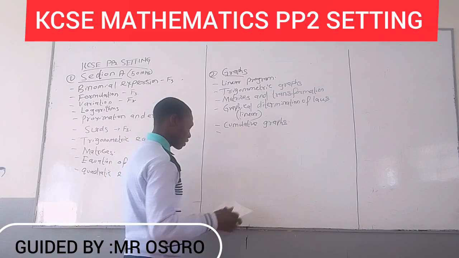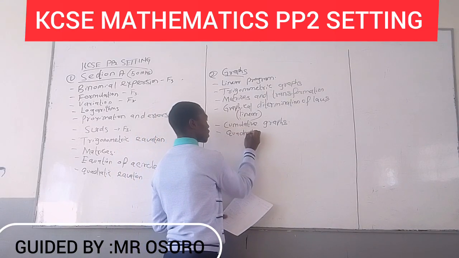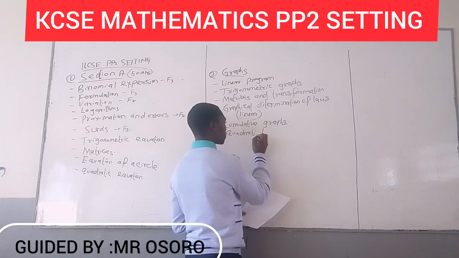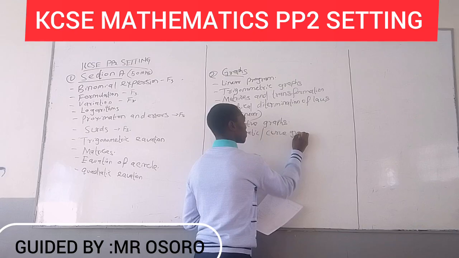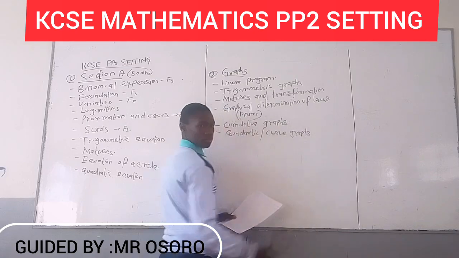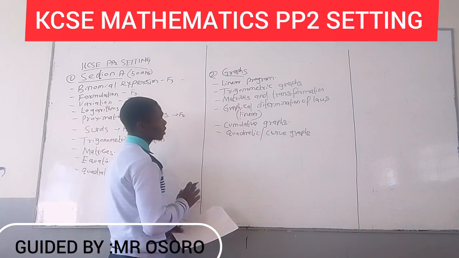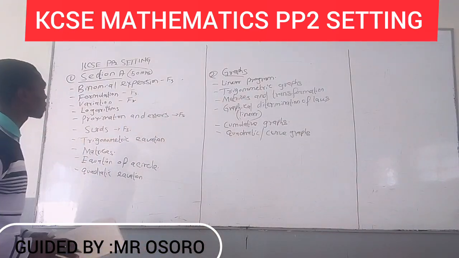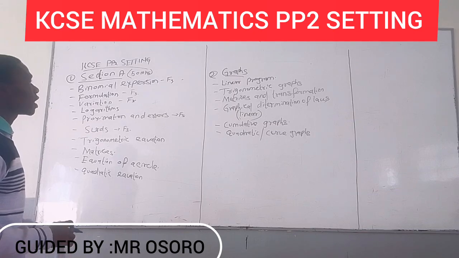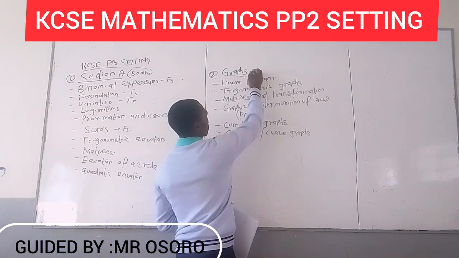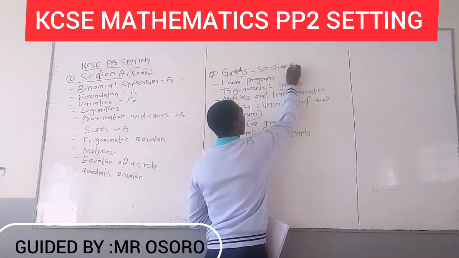And finally, we have quadratic and curve graphs. So these are the topics under graphs, and we find that most of them are set in Section B.